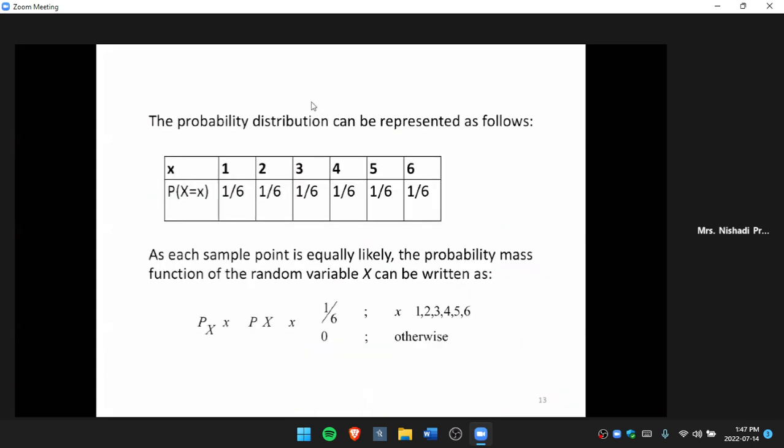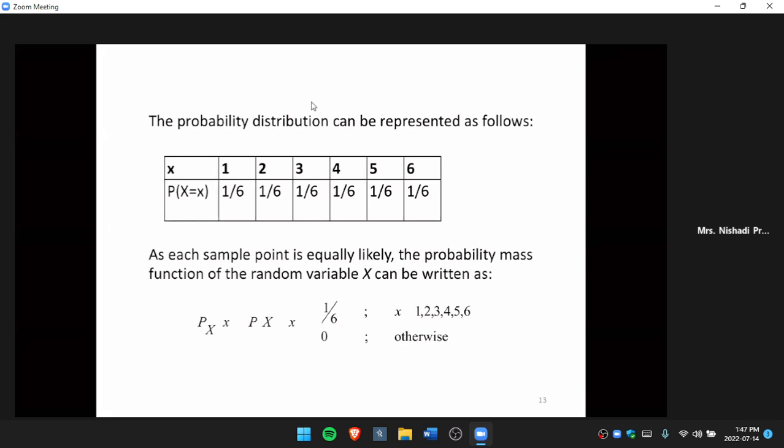So look at this table. The probability distribution can be represented as follows. There are two ways to represent a probability distribution. We can use either a mathematical function, or just a table.